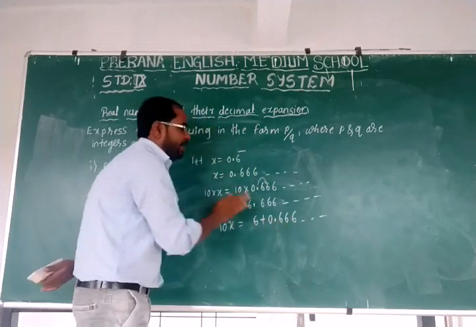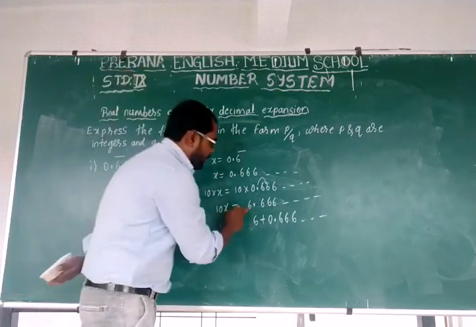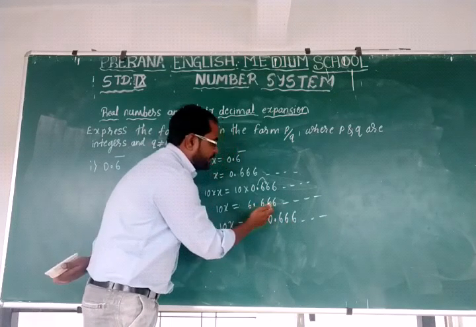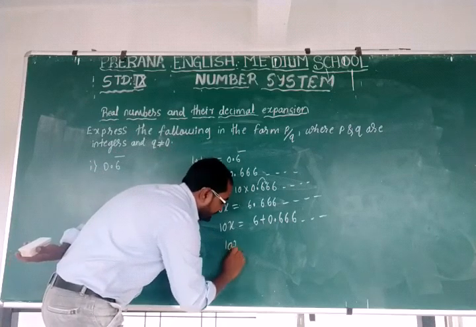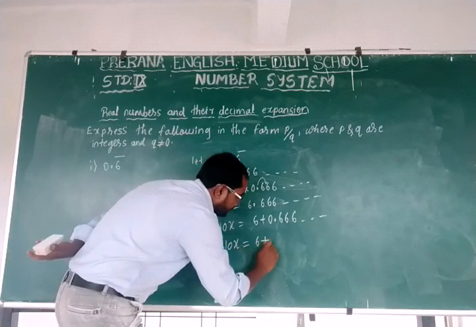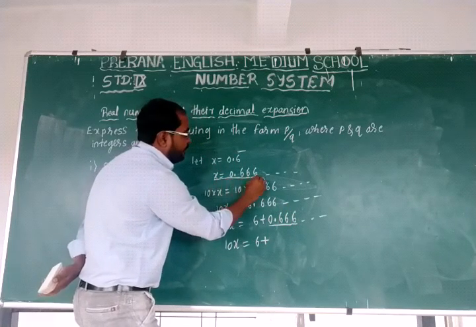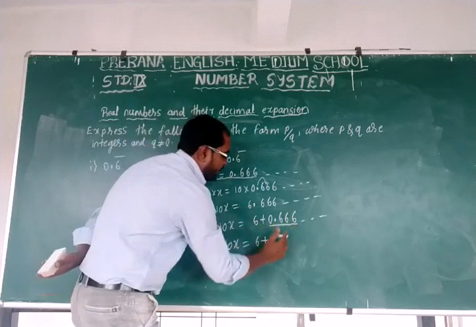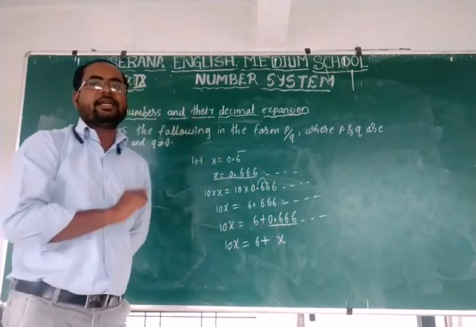We will get 6 plus 0.666 will become 6.666 on adding. So now 10x is equal to 6 plus this, which is the value of x because x is equal to 0.666. So in this place we will write it as x.